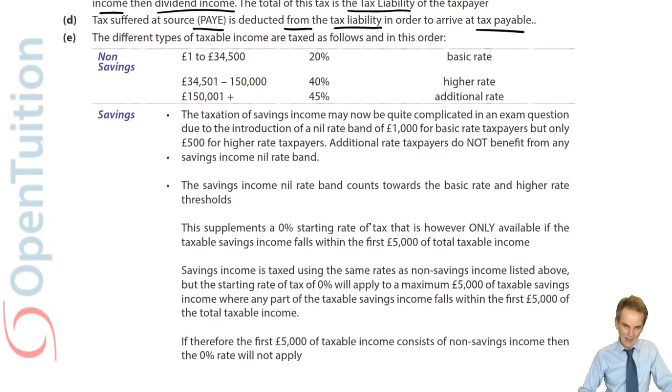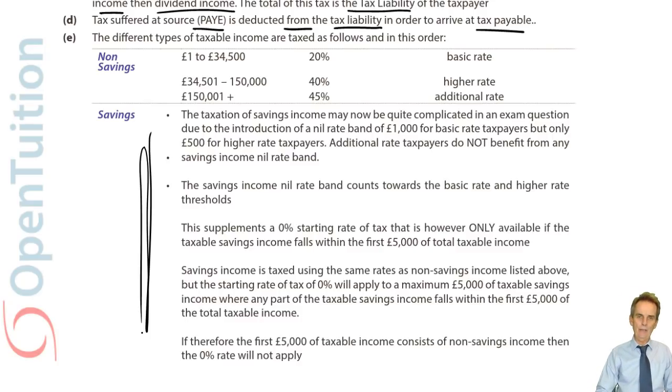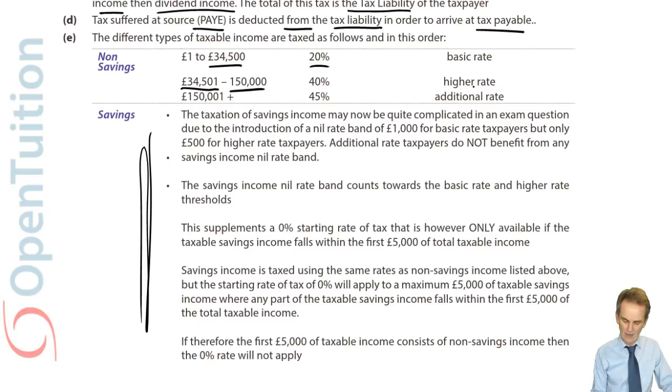So once we've gone through the tricky stuff found again in these notes here, we're going to revert back to the same rates as we use for non-savings. But before we get there, there's a lot of interesting stuff to look at. So remind yourself, what were the non-savings rates? Up to 34,500, basic rate 20%, from 35,500 upwards, over 34,500, up to 150,000, higher rate 40%, before you get up to 45% additional rate.